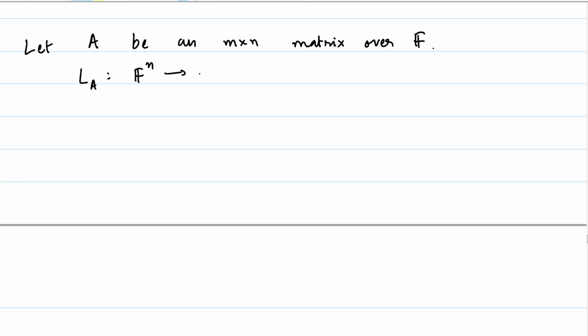So let's start. Let A be an M cross N matrix over F. So let me not write what F is. A could be a matrix with complex entries if it is a matrix over C. So in that case, it will be in M cross N of C. Okay, so then L_A will be a map from F^n to F^m.